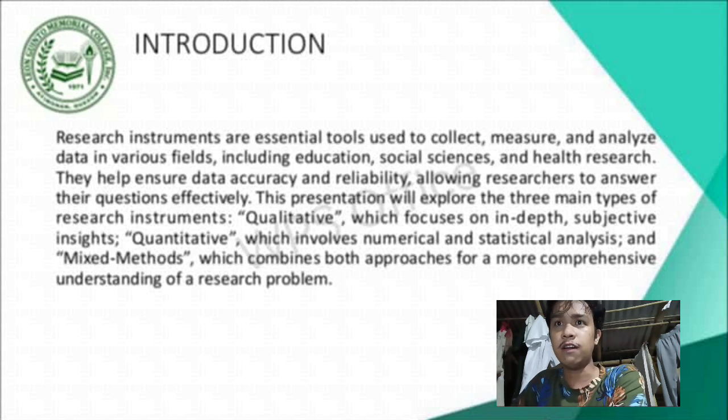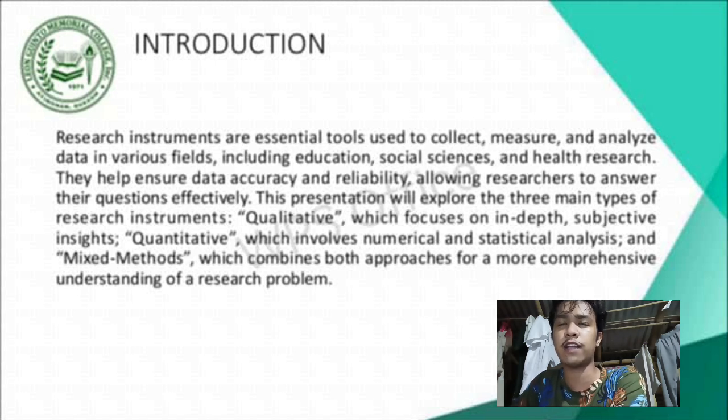Again, qualitative instruments help us to collect deep and detailed information. They focus on people's experiences, thoughts, and feelings. For example, researchers might use interviews or focus group discussions to hear what people really think or feel about a topic. Second, we have quantitative instruments.